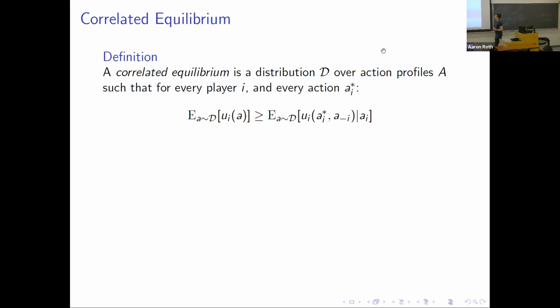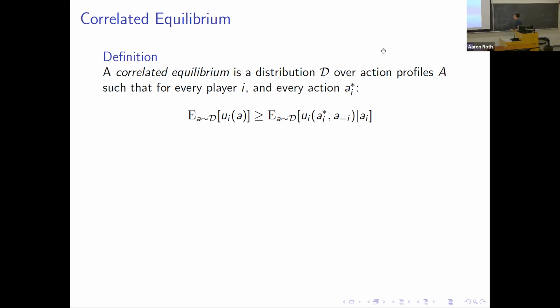Now, we, the drivers, the players in this game, we know what the distribution over action profiles is. We know the definition of the correlated equilibrium, right? That's important. It's important that I know that when I'm told to go, you're told to stop, and vice versa.